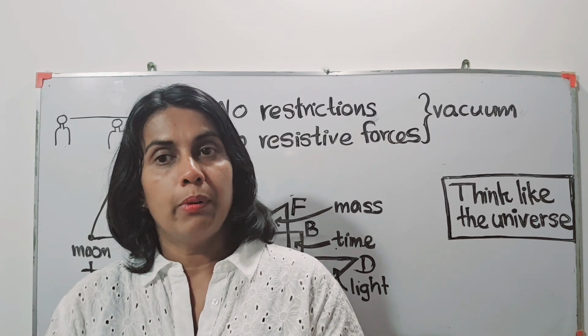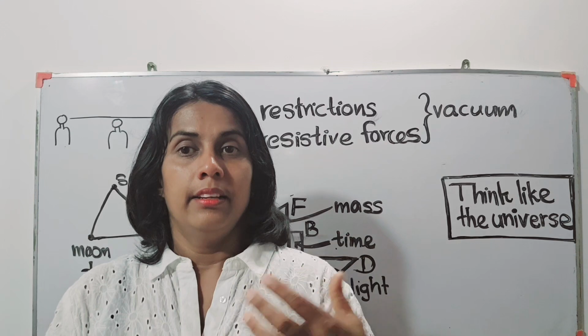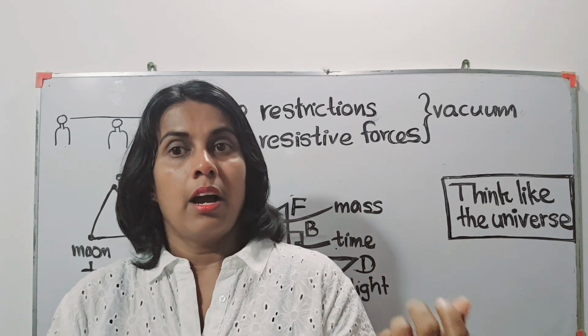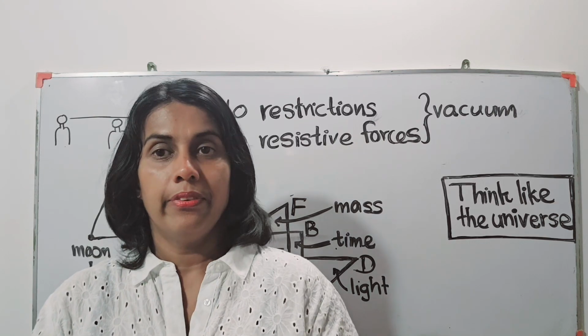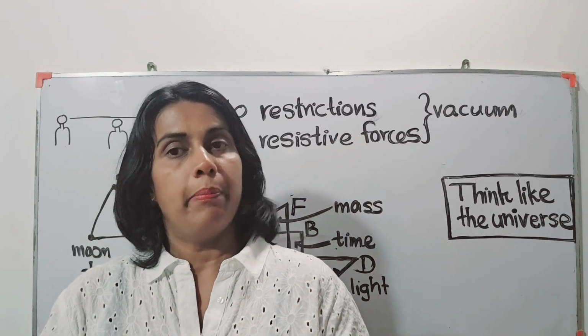Even when it comes to plants, they need water, fertilizer, light, and they need carbon dioxide gas, so to live continuously. So the trees are also dependent.